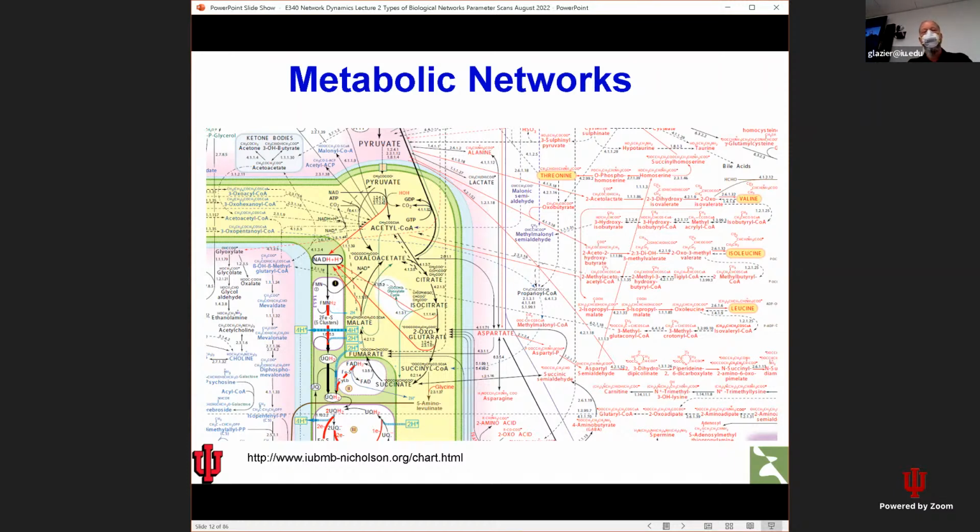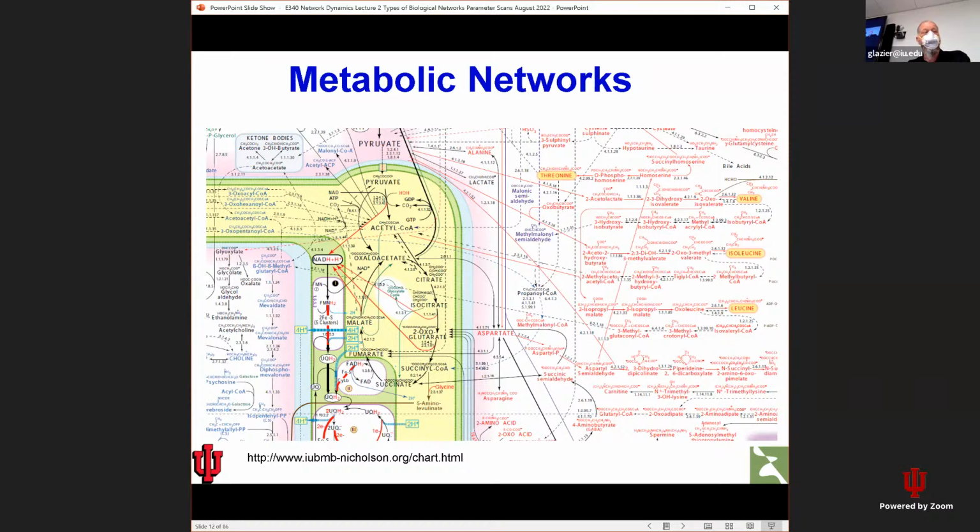Nowadays, maybe a little less, but in the old days, years of work, often using things like radioactive tracers. There's certainly a whole world in, for example, rational drug design, trying to understand what happens if you go in and interfere with one piece of one of these cascades. So there's a lot of complexity here.